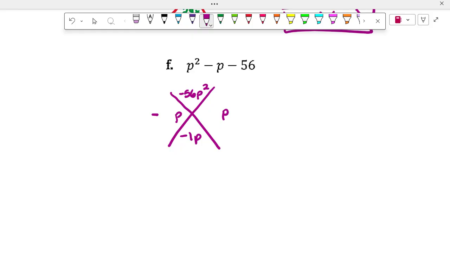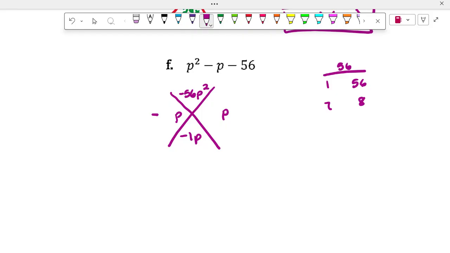Now, if we're adding to a negative number, which number is going to have to be the negative one? The bigger one. So let's list some factors of 56. What you got? 1 and 56, 7 and 8.